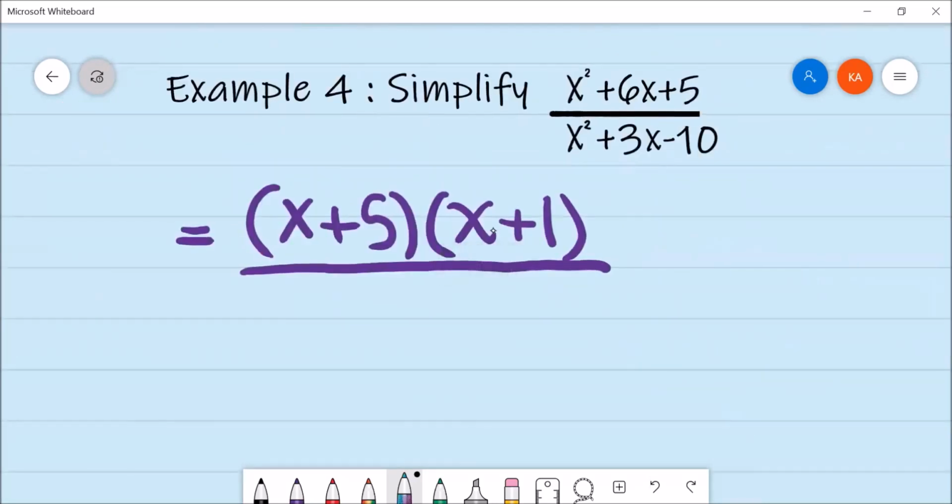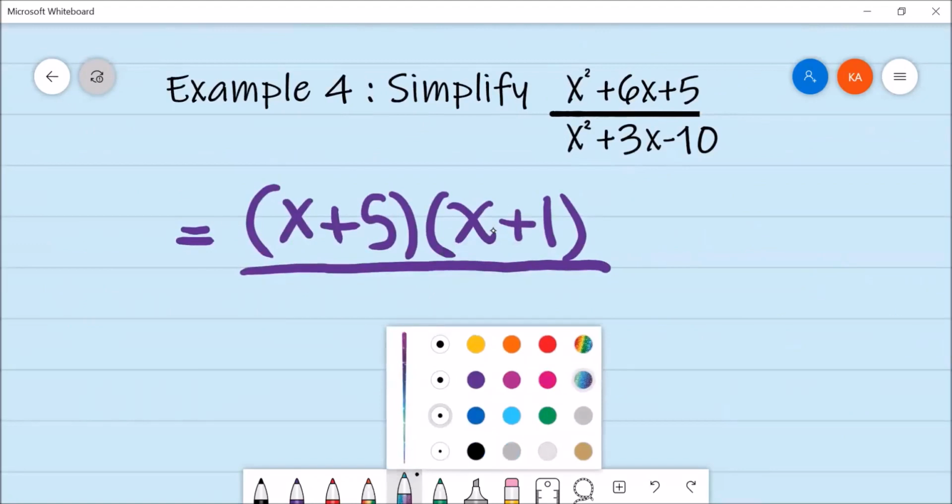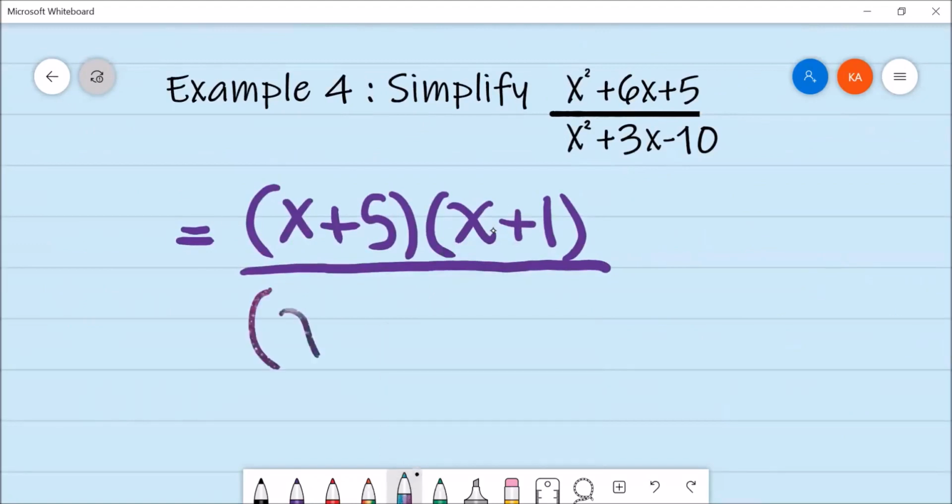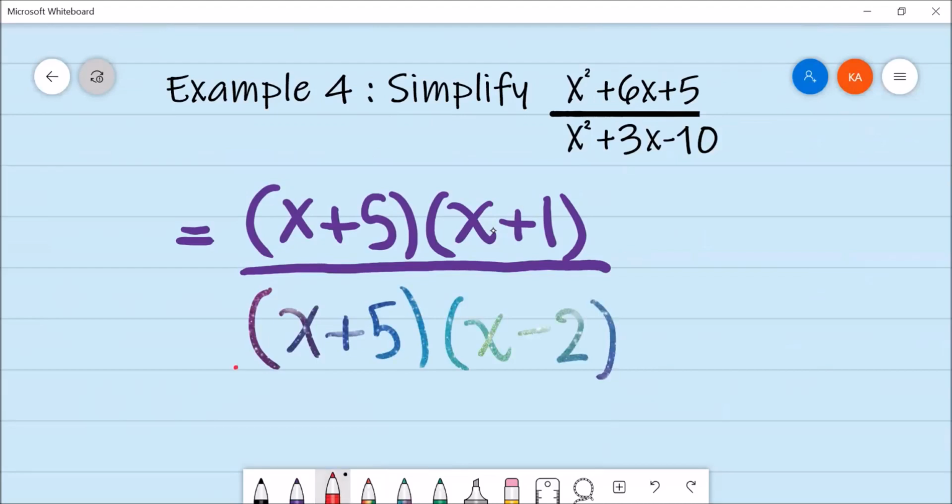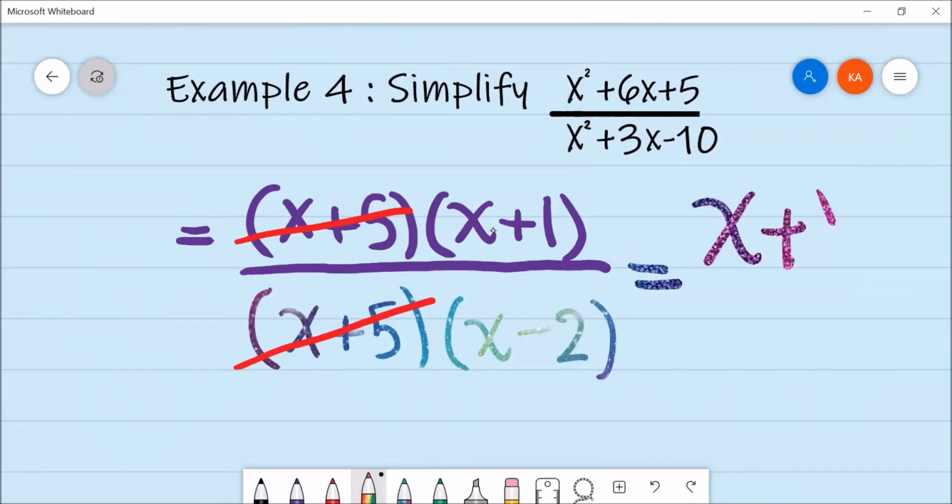Let's write the factors in the denominator: x plus 5 times x minus 2. Now we cancel the common factor, which is x plus 5 in the numerator and denominator, and then we get the final answer, which is x plus 1 over x minus 2.